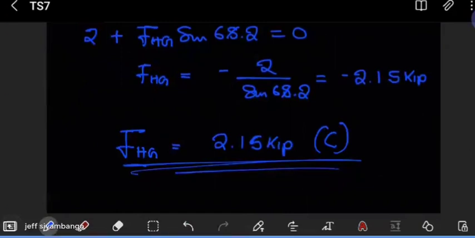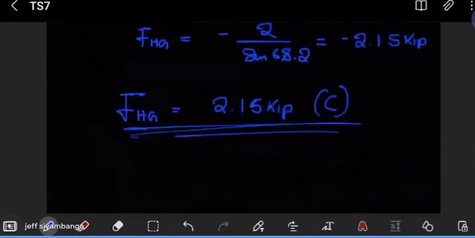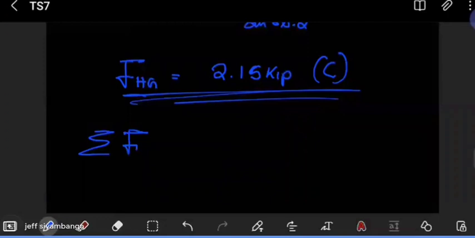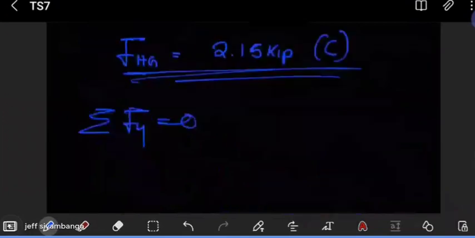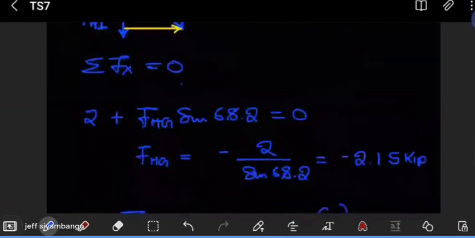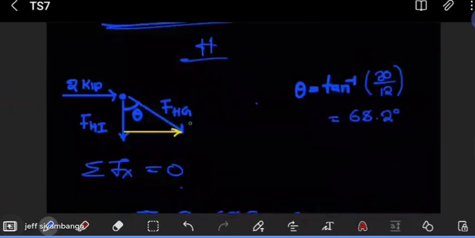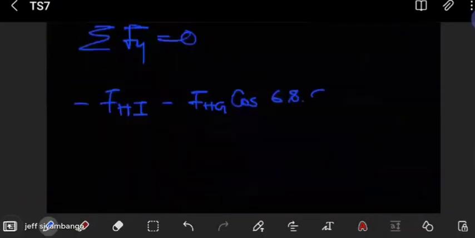Having found FHG, we can now sum forces in the vertical, and let's see what we get there. It equals 0. We have our FHI going down. Then we've got the Y component of HG, which will also be going down. So you have minus FHG times cos 68.2 equals 0.